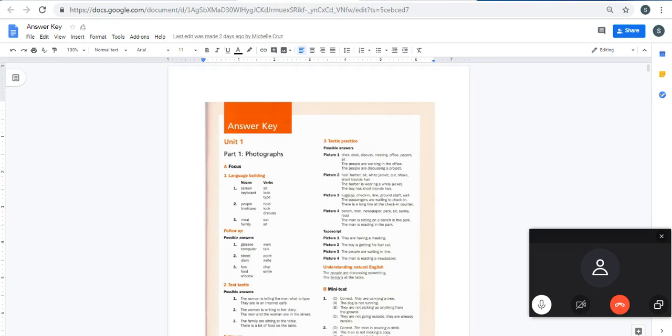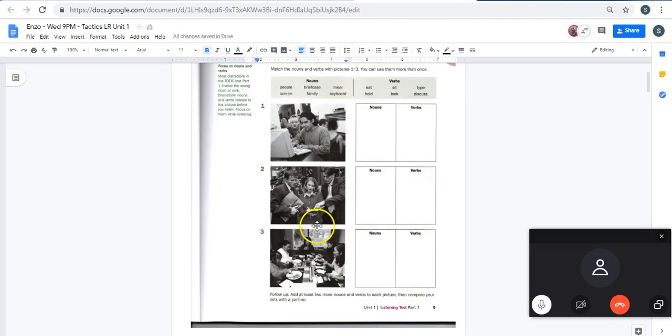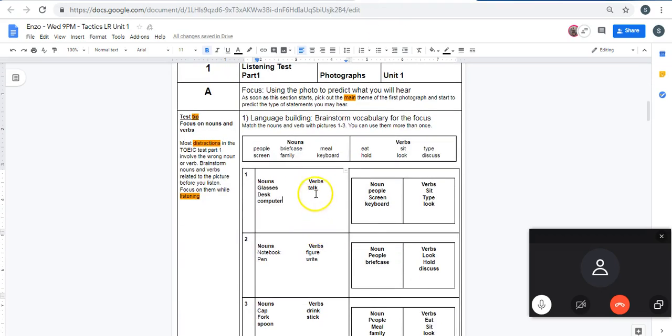So most likely the focus, so glasses, it's already given, screen, keyboard, computer. So these are the possible answers for this. And then let's move now from nouns to the verbs. So talk, okay, good.